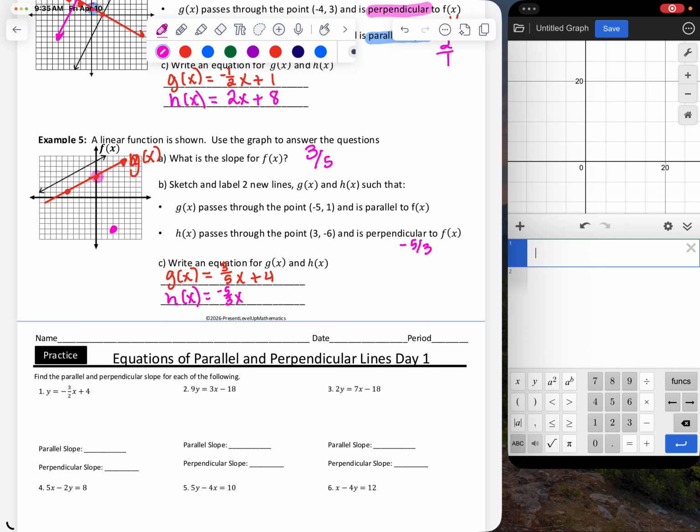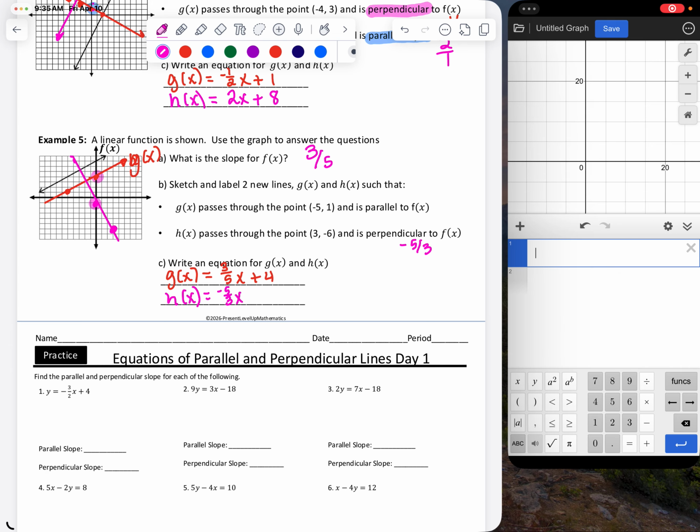So it will be negative 5 over 3x plus something, or negative 5 over 3x minus something. So I want, well, I can't go down 5 and right 3. I would go off the grid. So I'll go the opposite way. I'll go up and left. So 1, 2, 3, 4, 5. 1, 2, oh, bingo, I hit it right there. This is where it touches the B, the y-intercept. So let me sketch that in and make sure it's perpendicular. Yep.